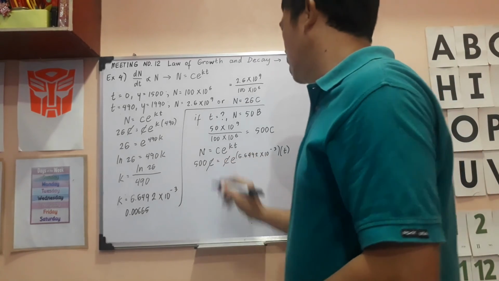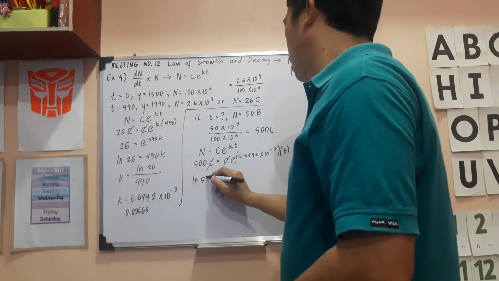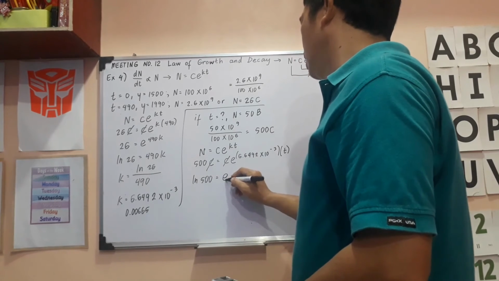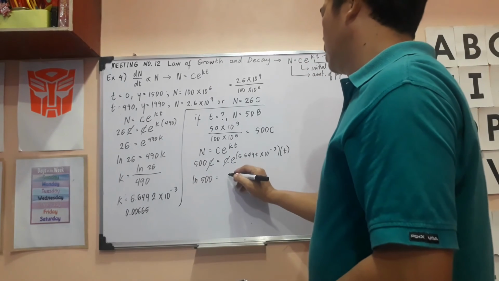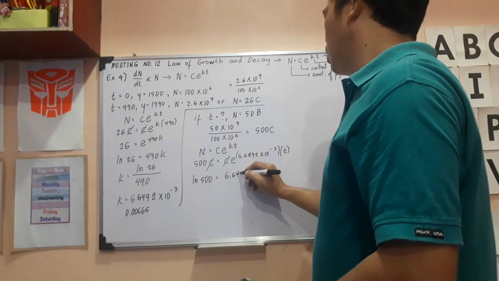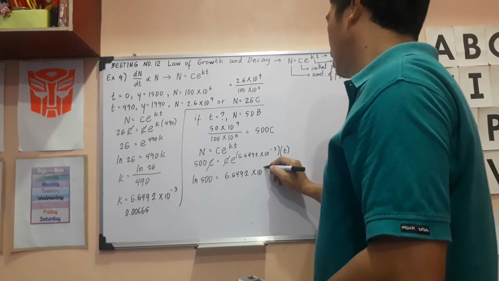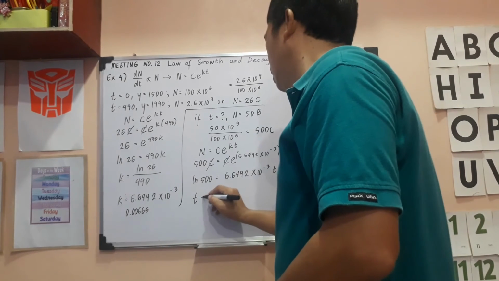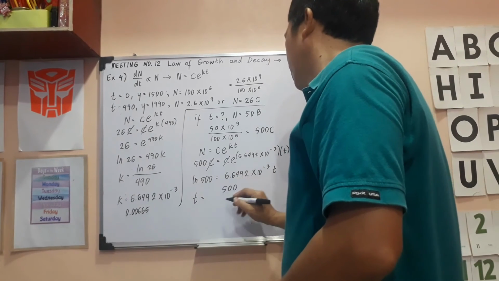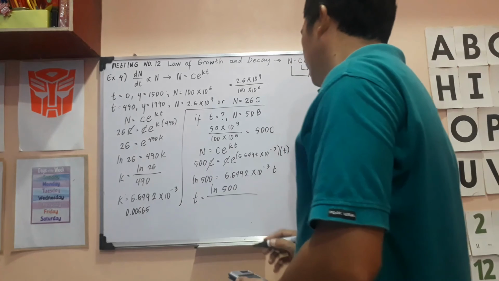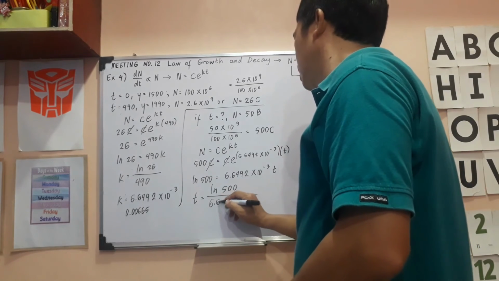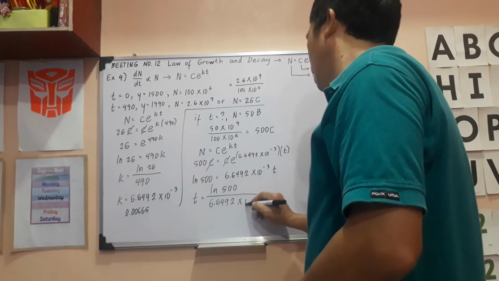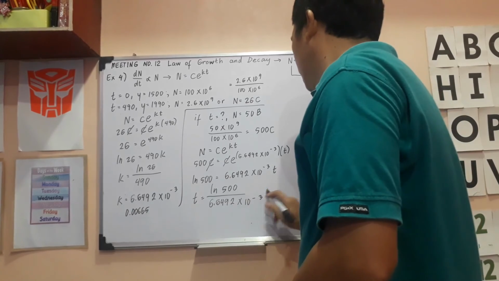So, cancel ang c. So, ln of 500 is equal to e, okay, wala na, 6.6492 times 10 raised to negative 3t. So, t is equal to ln 500 all over 6.6492 times 10 raised to negative 3.